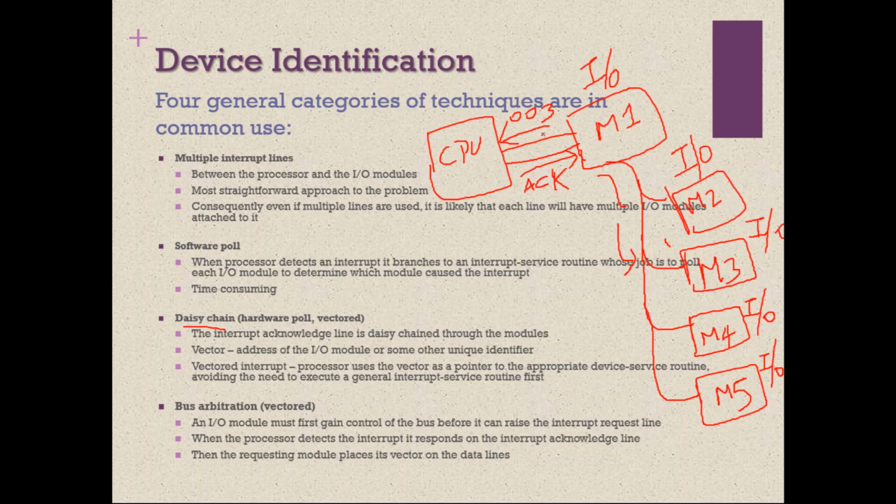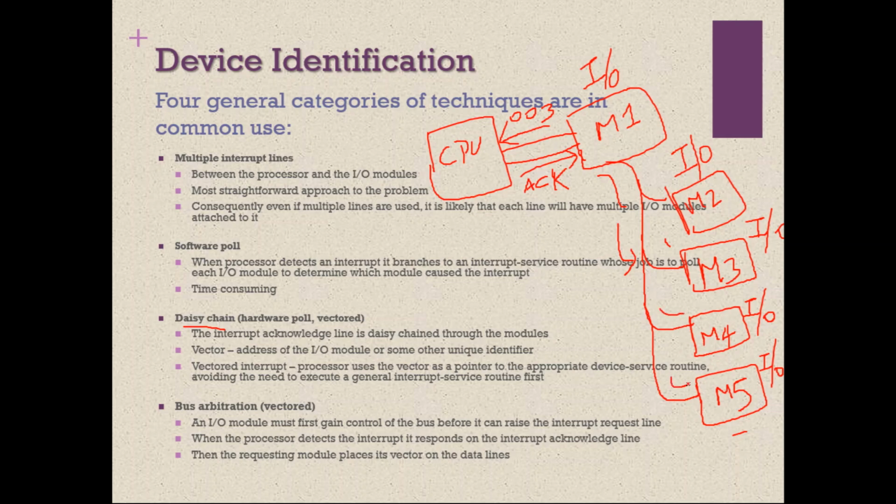That's it. But say more than one device is creating an interrupt, say M3 and M5 at the same time. Now also an interrupt signal is received in the CPU. Again the CPU will send an acknowledgement. M1 will not reply, M2 will not reply, M3 will reply, sending its address 003. M4 will not reply.